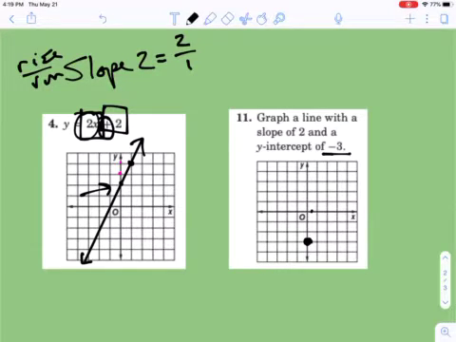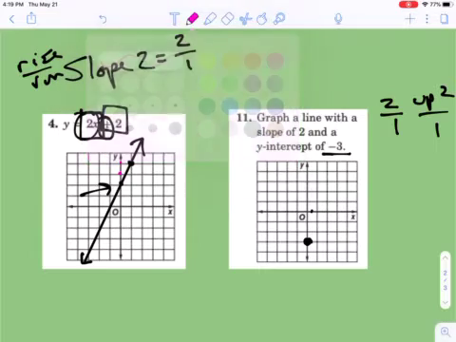We just talked about a slope of 2, so it's 2 over 1, and it's positive, so that means it's going to be up 2 and then over 1. We'll use pink again, so we go 1, 2, and then over 1 is right there. That's where my next point is located. I put my point there and I draw my line.